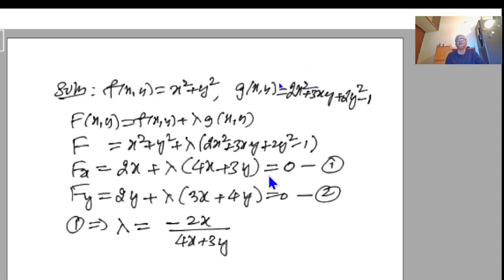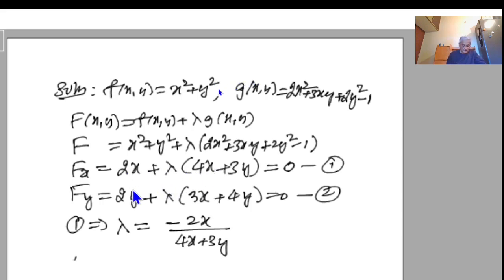Then we get 2x is equal to minus lambda into 4x plus 3y, or minus lambda equal to 2x by 4x plus 3y, or lambda equal to minus 2x by 4x plus 3y.